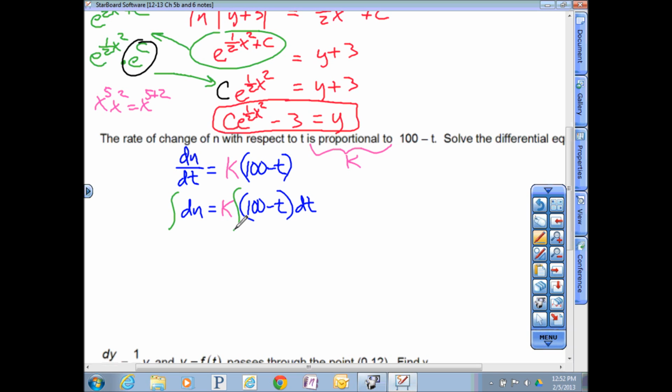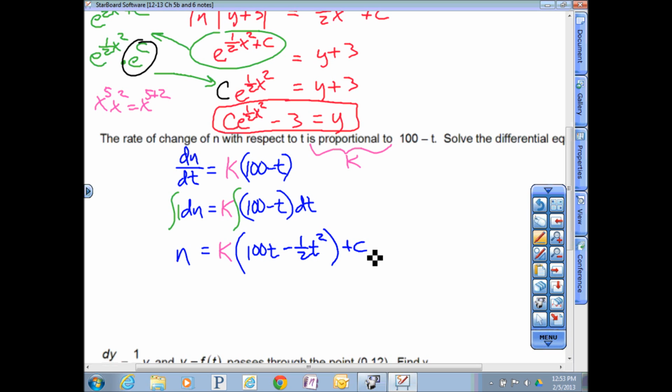So the left side, what is the antiderivative of dn? Remember, there is an understood 1 written right there. What's the antiderivative of 1 with respect to n? Well, that would be n. And on the right side, I have this k times the antiderivative of the quantity 100 minus t. The antiderivative of 100 would be 100 times t, and the antiderivative of t would be minus 1/2 t squared.